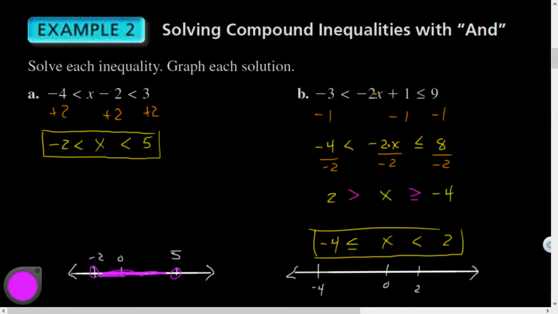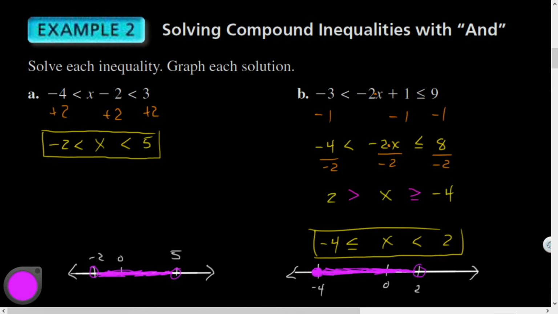Monkey in the middle, right there, that good old x. And here, -4 is less than or equal, so that's a closed circle. Shade that in. And open circle at 2. And x is in the middle of the inequality, so x is in the middle for the solutions on the graph. Right, we're good. So, interesting problem.